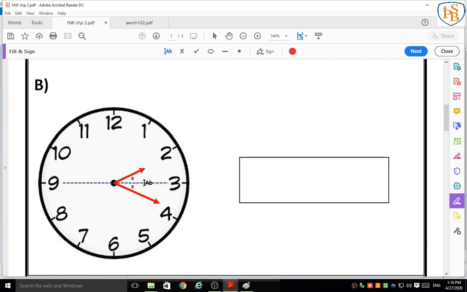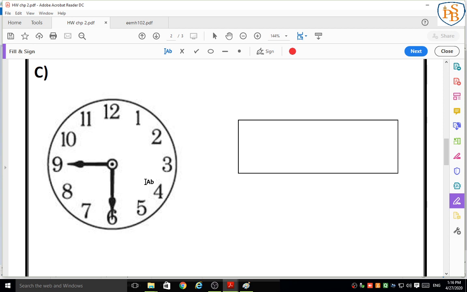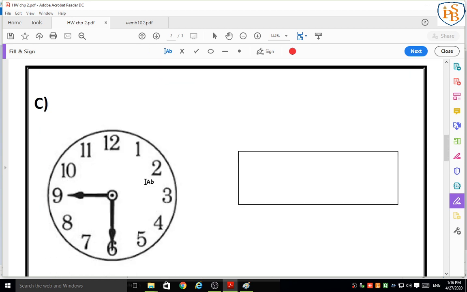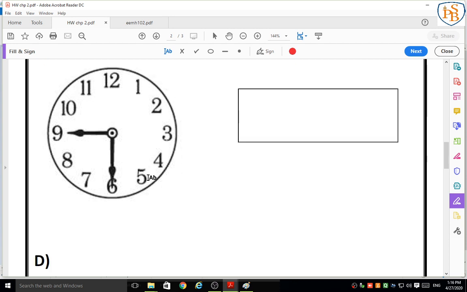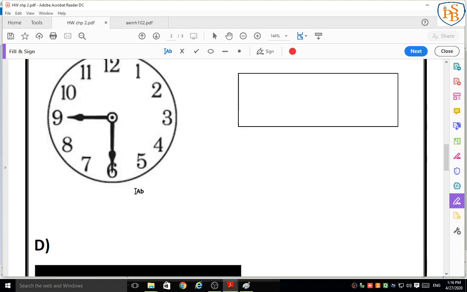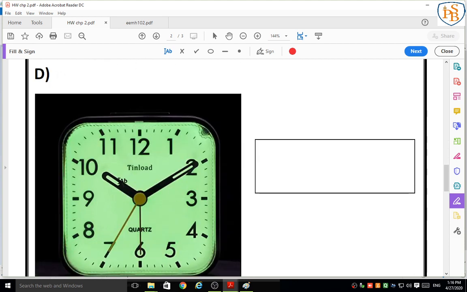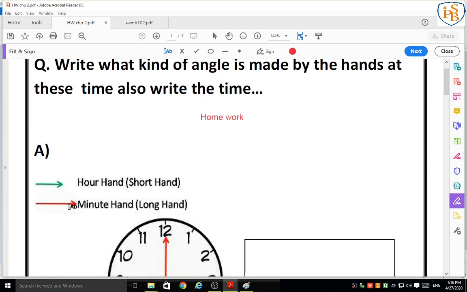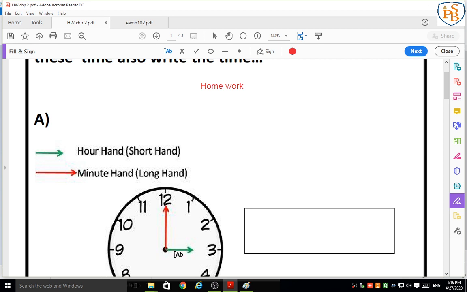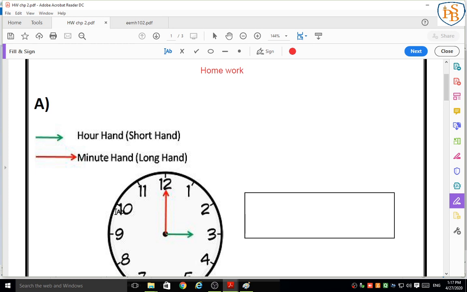If you are taking the printouts of this file, then it is good for you and good for us. Otherwise, if it is not possible to take a printout, simply in a notebook you can draw the clock. Draw the hands, only two hands, hour hand and minute hand. In example number A only, the hour hand is the short hand, the green one, and the minute hand is the long hand. This we already learned, but still if you have any doubt, that's why I give one example A in two different colors.